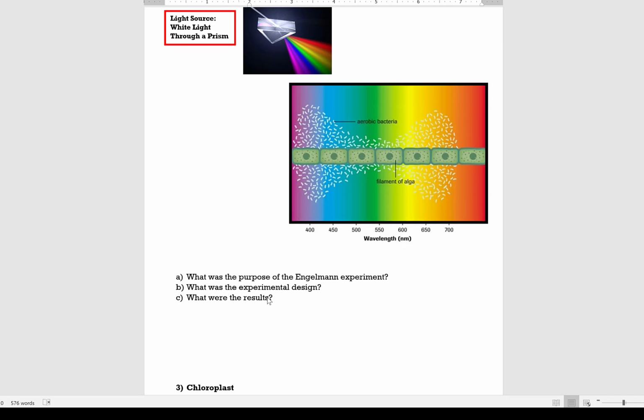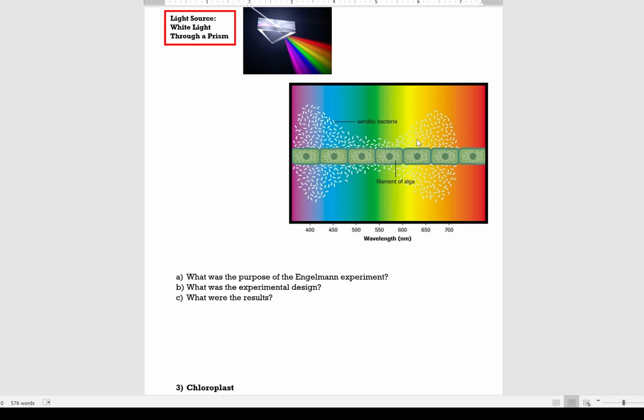The results were that not all photons are absorbed during photosynthesis. And it depends on the organism as to which photons are absorbed. Most plants have chlorophyll, so they will absorb in the blue and yellow-orange regions.